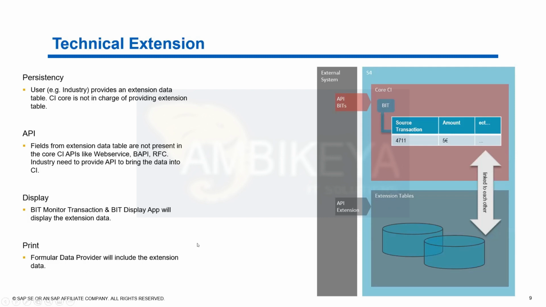And then at the end, our print collector will collect all this information, and you can select which kind of information you want to have on the printout. So far to the technical extension.